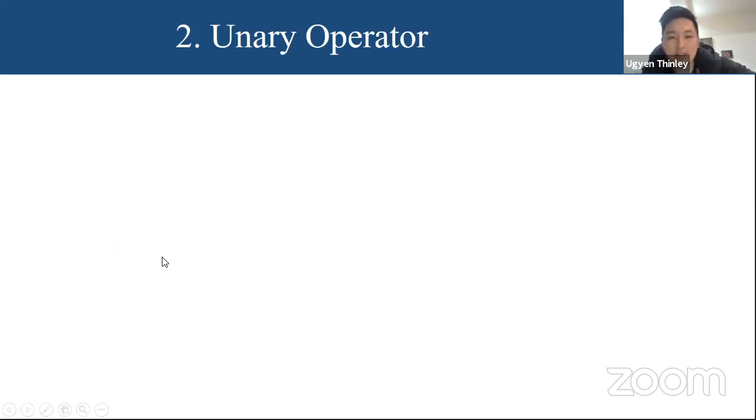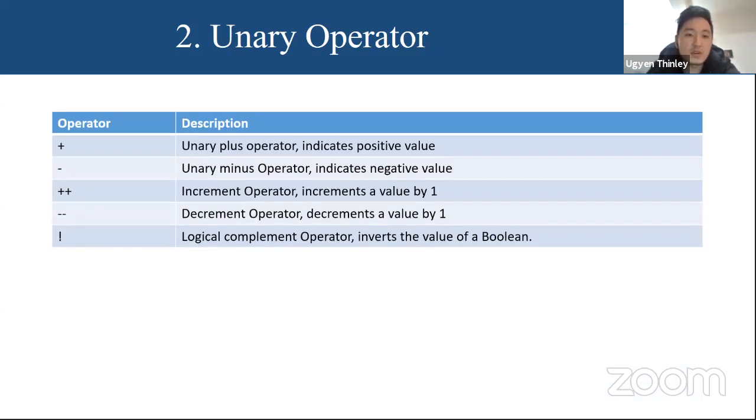So next is the unary operator. When we hear the term unary, in literal terms, it means single, right? When we perform an operation on a single operand, it's called a unary operation. Under unary operation, there is basically a plus operator.